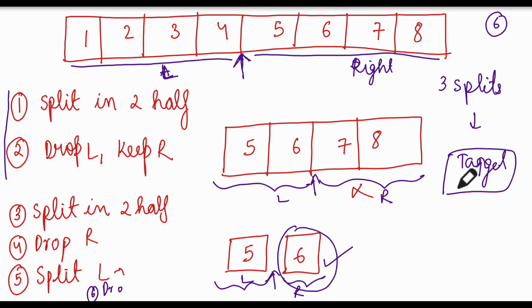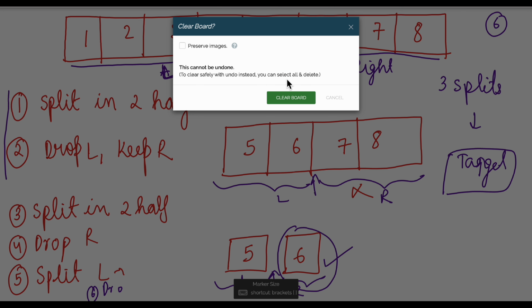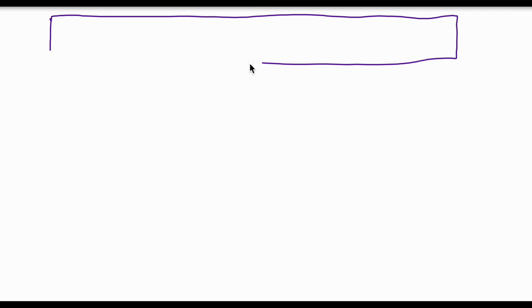Let's try to understand it through another example. So let us say you have a list of 10 elements. Now I will try to explain a little faster here.